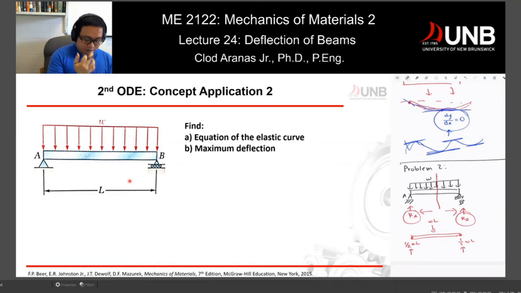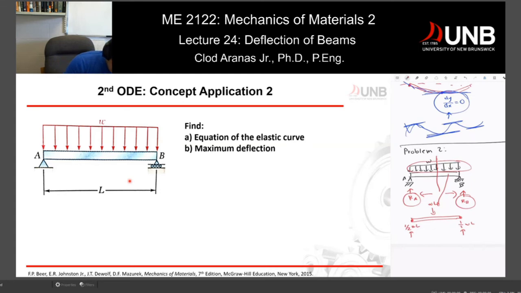We're not going to do it for the sake of time, but I hope everyone knows how to do it. Of course, your distributed load exerts a force at the center. When you calculate the support reactions, it's WL, and then you can take the moment at point A or point B, sum it to 0, and you should be able to get the following numbers.